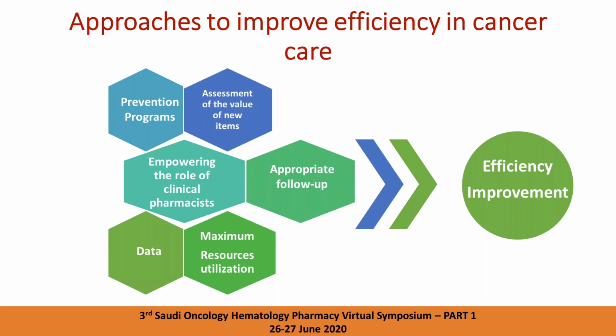It is also important to empower the role of clinical pharmacists, as they can eliminate the unnecessary admissions resulting from ADRs and medication errors. Also, appropriate follow-up through the whole treatment duration, the right investment in data, and optimizing the resource utilization.